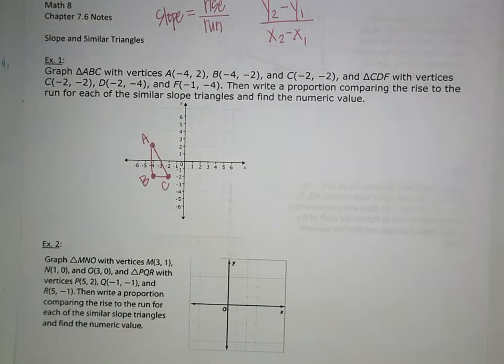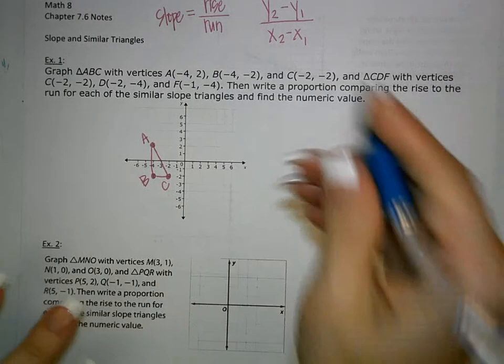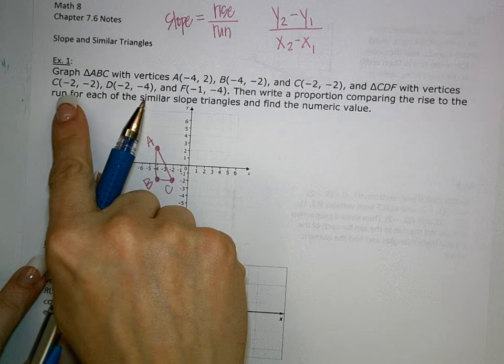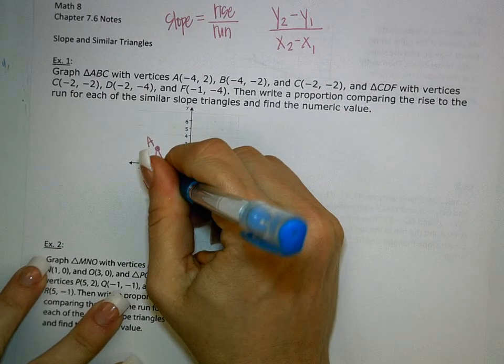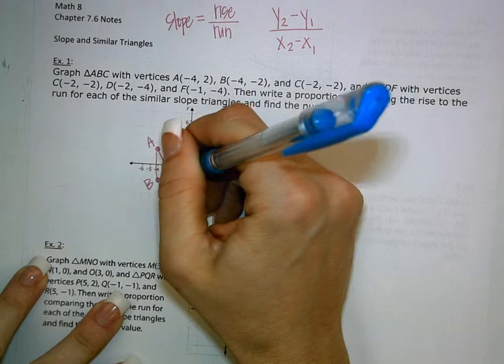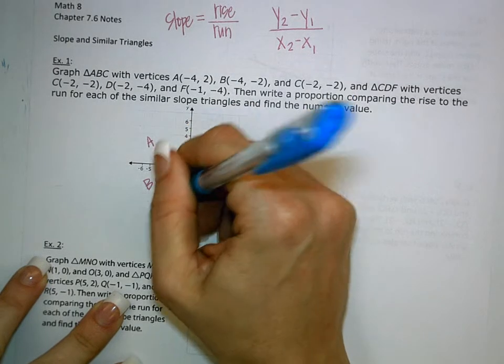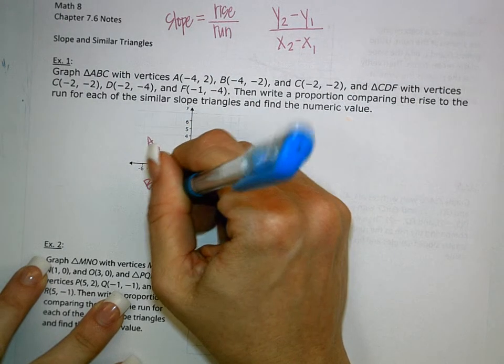Then we're going to draw another triangle, triangle CDF, with these vertices. I'm going to get a different color. Okay, so vertices, let's see. C is at the same spot. D is (-2, -4), so left 2, down 4.